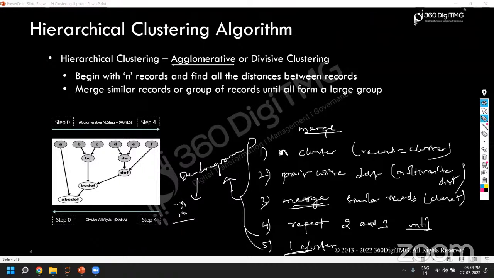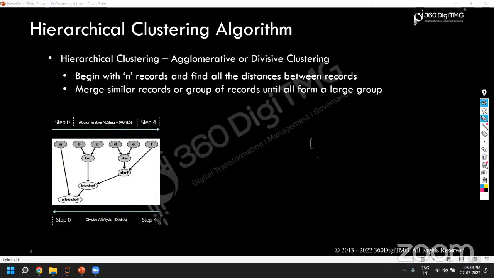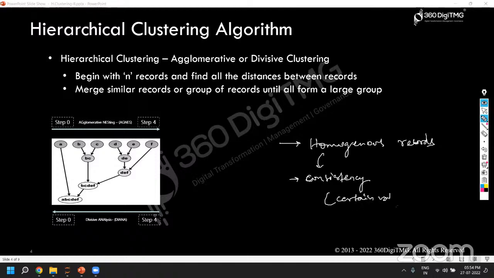The advantage that we are going to get with clustering is that we will get homogeneous records, homogeneous pairs of records. Once you have homogeneity, that means we will have consistency with respect to the characteristics of the data.